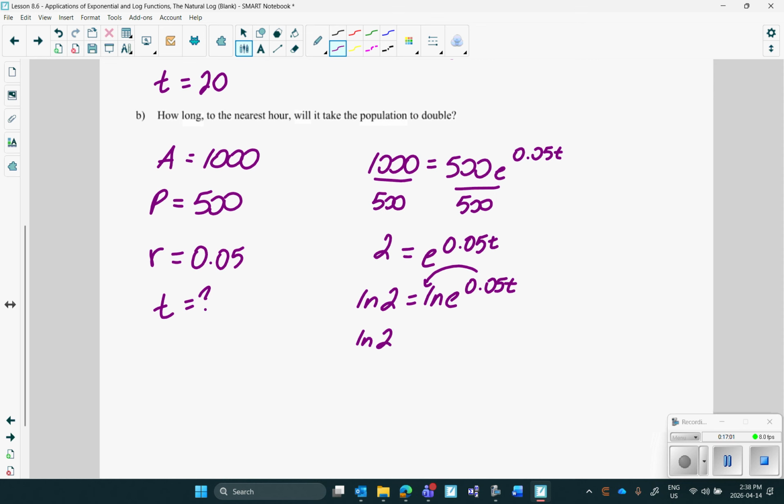Ln 2 equals 0.05 t times ln e. Here's the nice thing about doing that. What is the ln of e? 1. Always. So really, it just kind of disappears, doesn't it? Because this times 1 is just this.